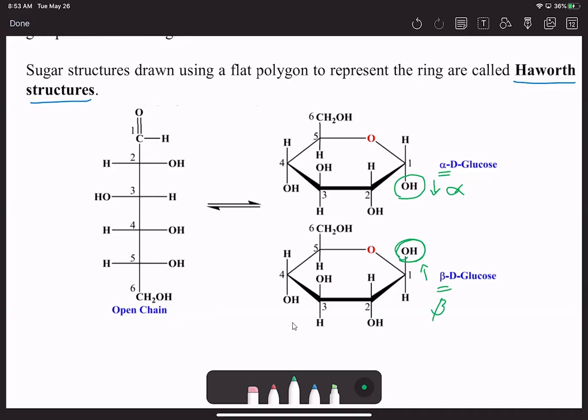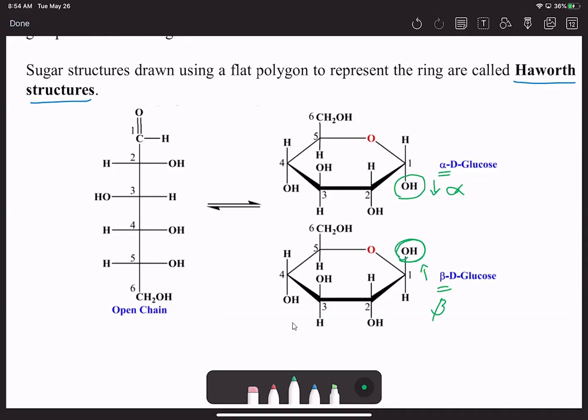You are going to have to know the Fischer projection and the Haworth structure for glucose. So this is glucose here. I'll help you identify glucose. There's a pattern that I use.